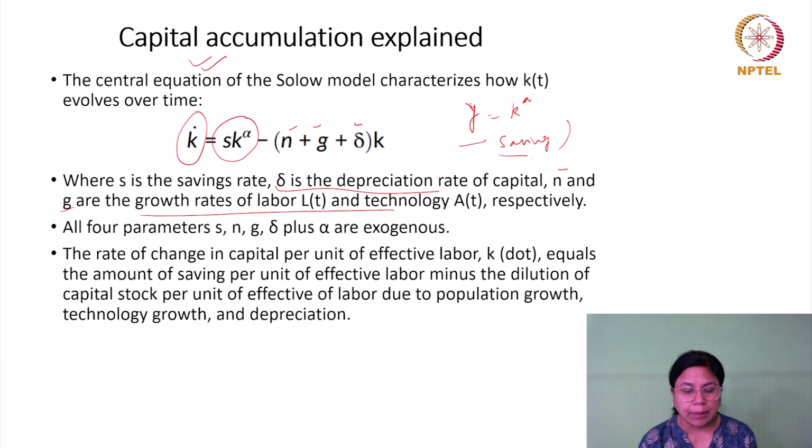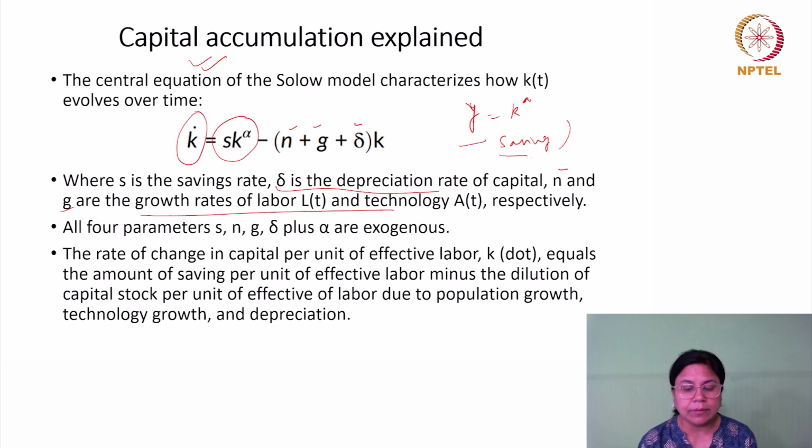That means capital, output and effective labor all will grow at the same constant rate, that is n plus g. Most importantly, you will find that the output per capita will be growing at a constant rate of g. So there is a sustained growth in the living standards, and it is entirely due to the technological change.